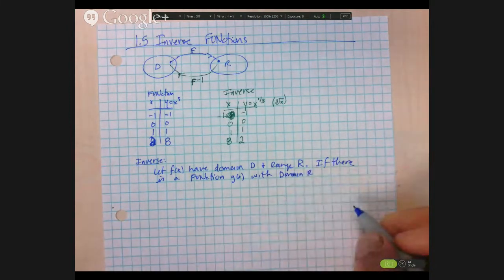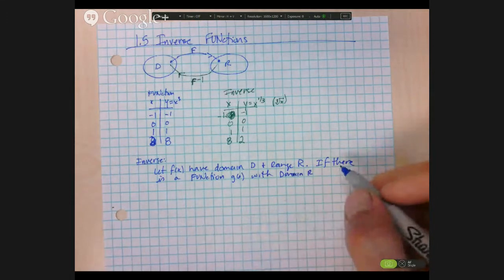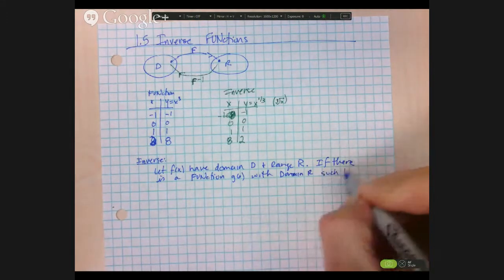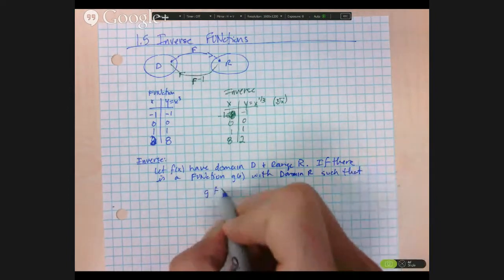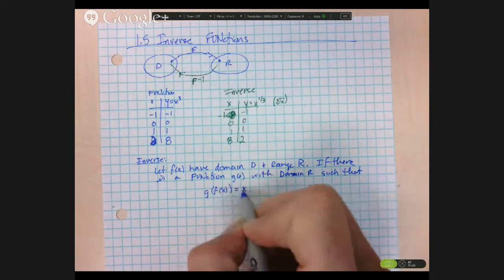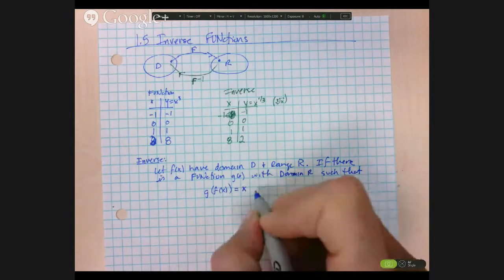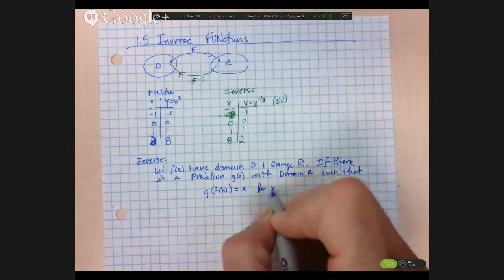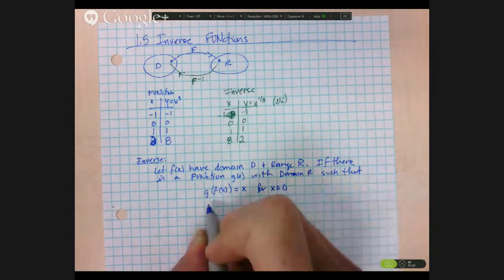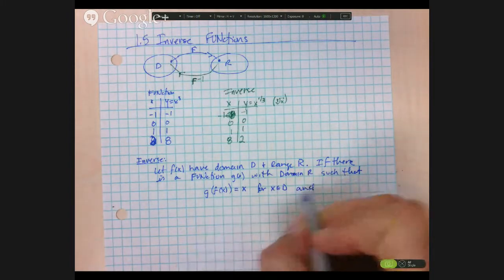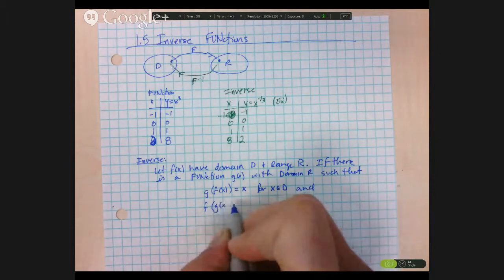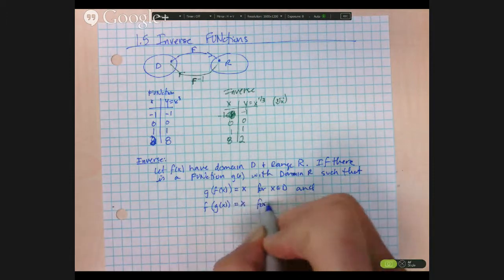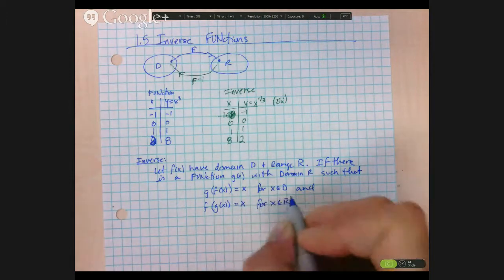It's the inverse such that g of f of x equals x for x in the domain, and f of g of x equals x for x in the range.